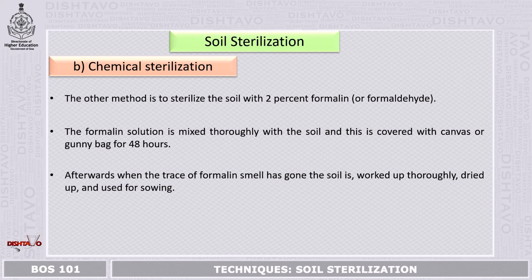The formalin solution is mixed thoroughly with the soil, and this is covered with canvas or gunny bags for 48 hours. Afterwards, when the traces of formalin smell have gone, the soil is worked up thoroughly, dried up and used for sowing.